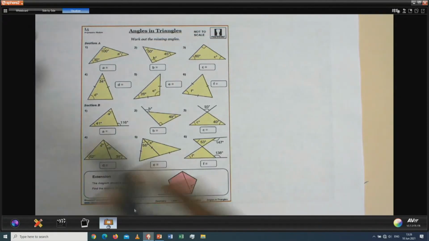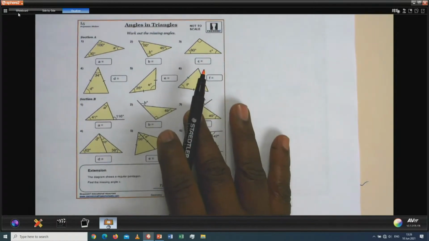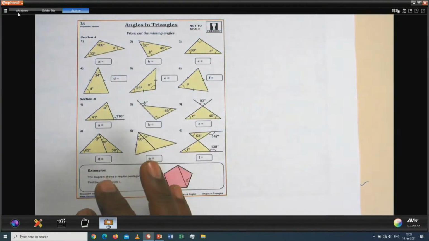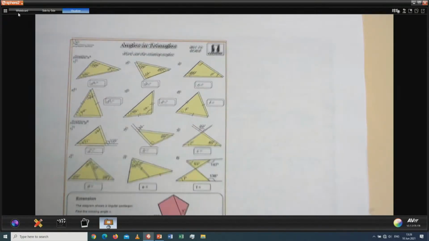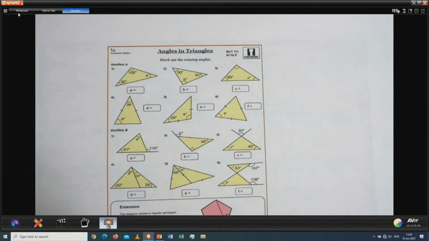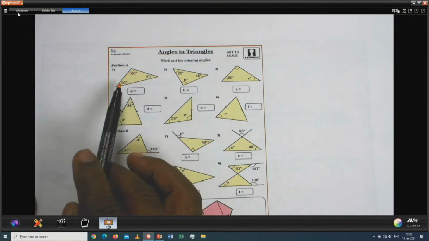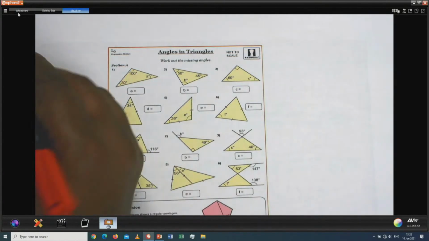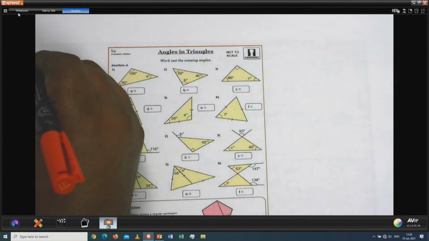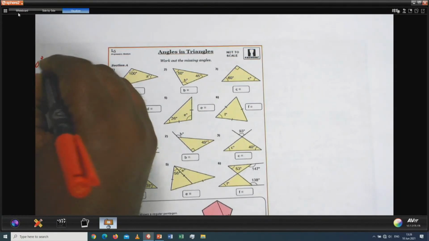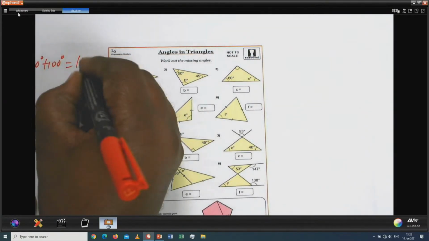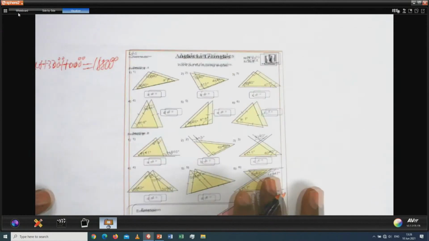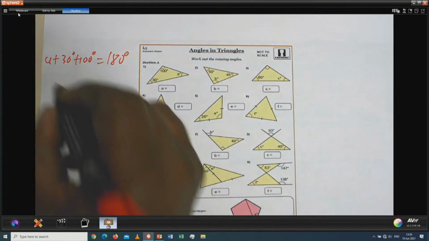Now, your knowledge of properties will assist you. Properties of a triangle: when you add all angles of a triangle, they should give you 180 degrees. That's what you know at this point in time, which is what is important in mathematics.